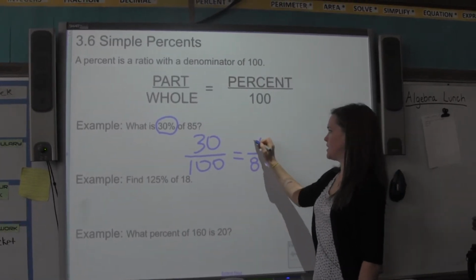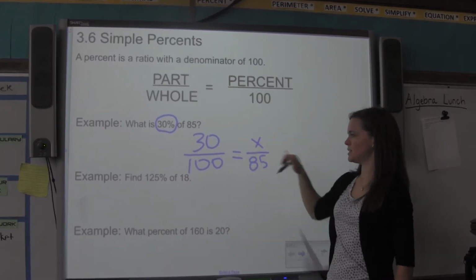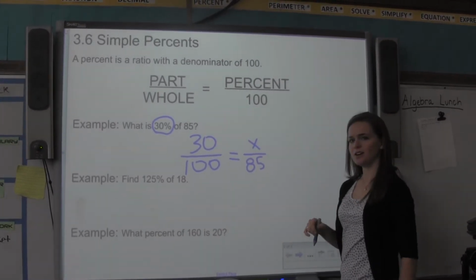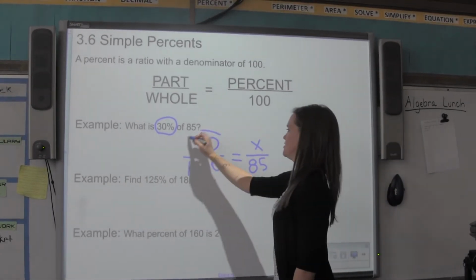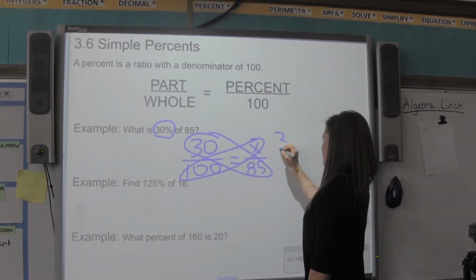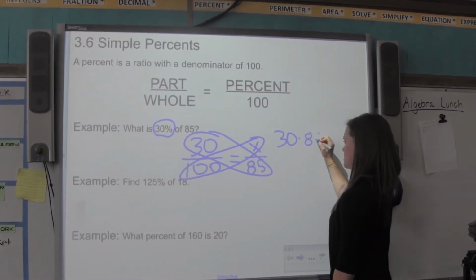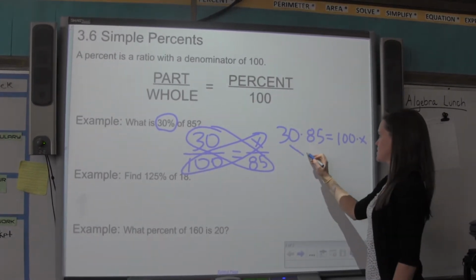So then I would put an x right here, and I would need to figure out what this value is going to be. You already learned how to solve using cross products, so you're going to go ahead and just do that with your proportion. So circle the cross products, and now I have 30 times 85 is equal to 100 times x. I'll simplify this.